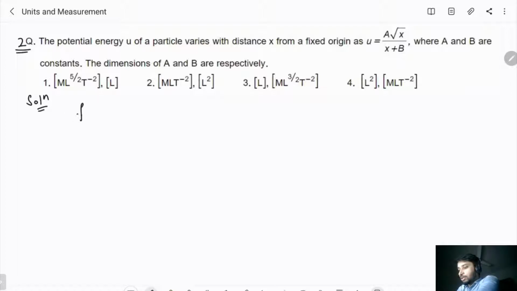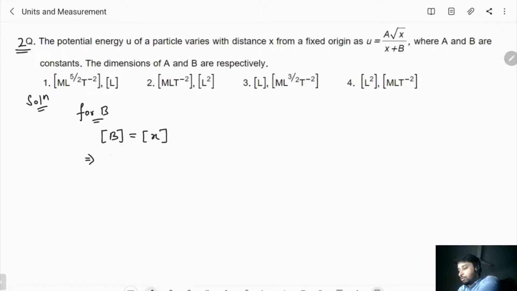So let us see, first we'll solve for B. The dimensional formula of B will be the same as the dimensional formula of X, and X is nothing but distance.